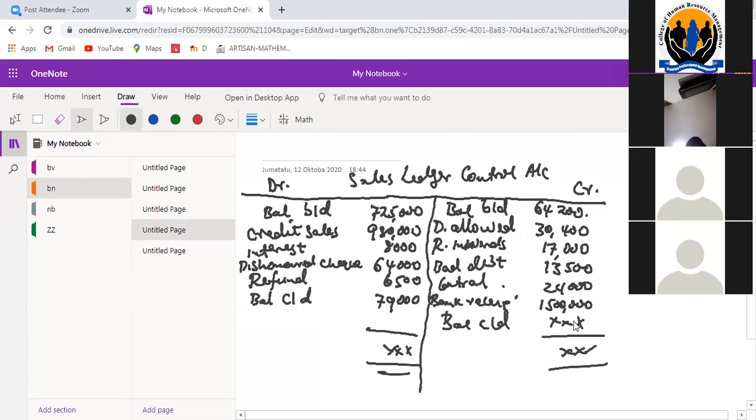Mwalimu, you had posted the same question for assignment, I think. Is it there? The same question, eh? Yes, the latest assignment. So I only got lost at the refund. The 6,500 is what I interchanged. 6,500 was a refund.